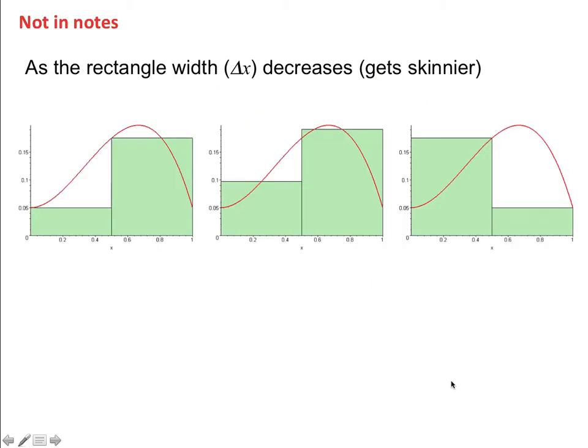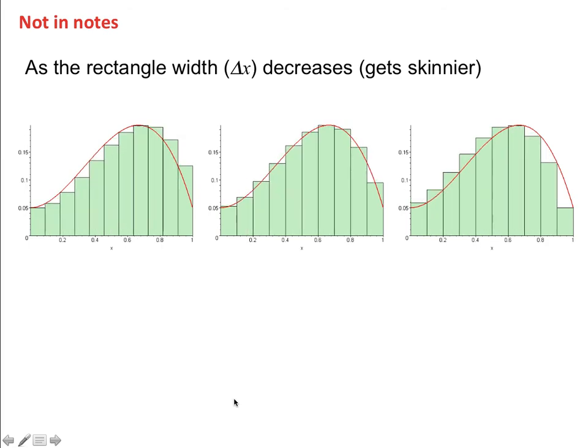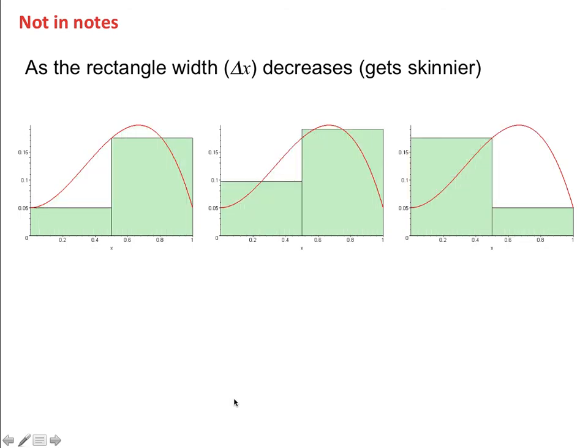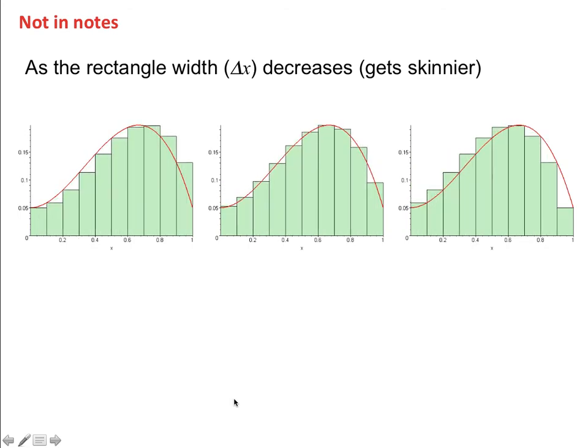So let's take a look at this. This isn't in your notes because this is an animation, but here is the same function, and this one is a left approximation, this one is a middle approximation, and this one is a right approximation. And when I run the animation, these are going to get skinnier, and we can see as these get skinnier that more and more of the region fills up.